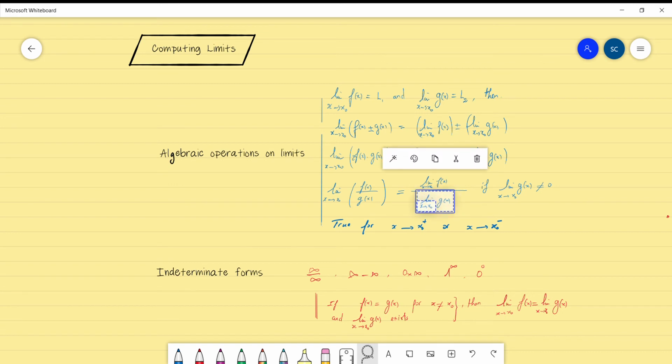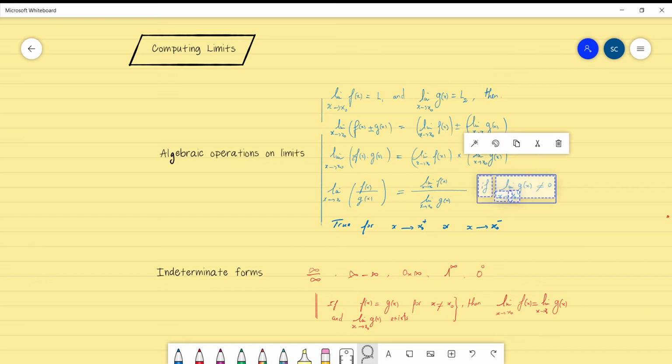We establish this equality under this condition: we must check that the limit of g is different from 0. Okay. Also, using the precise definition, we can establish all these equalities also when we deal with the one-sided limit to the right or limit to the left of x0.